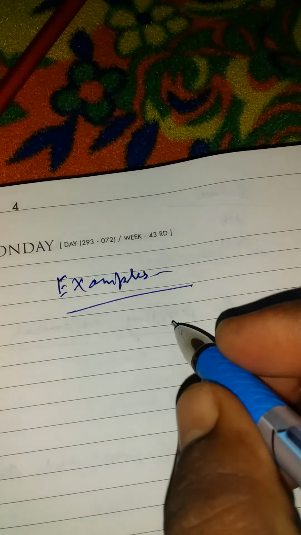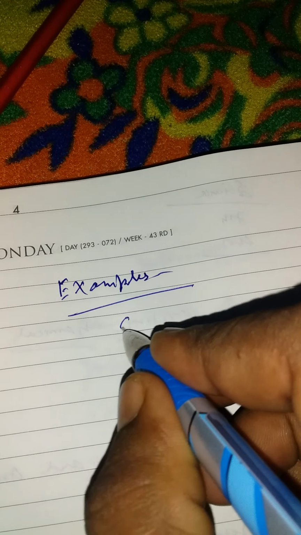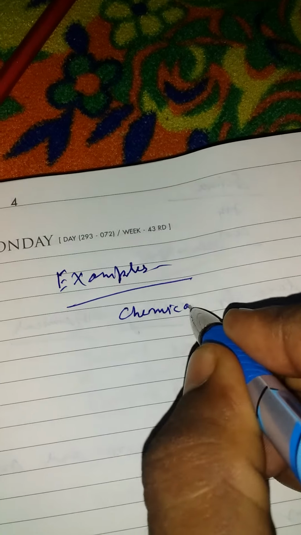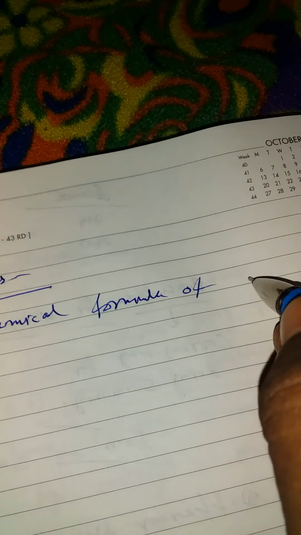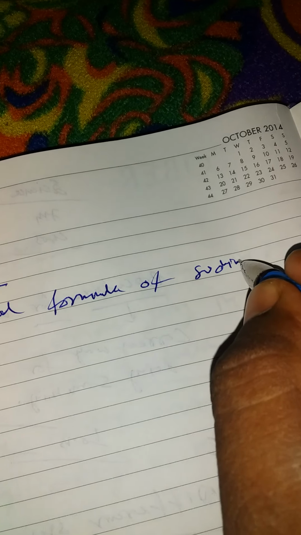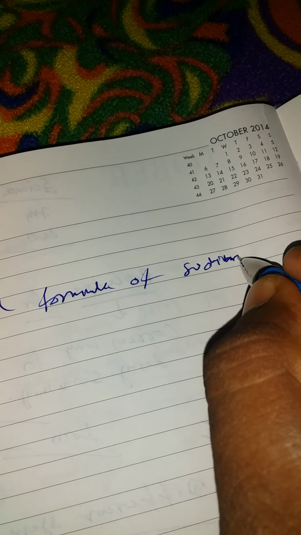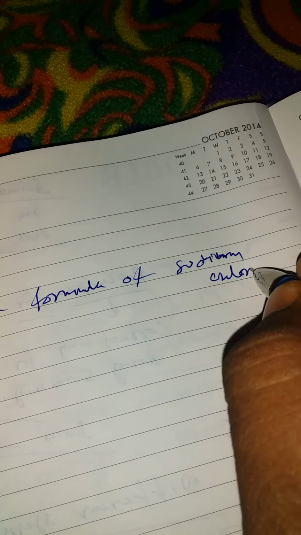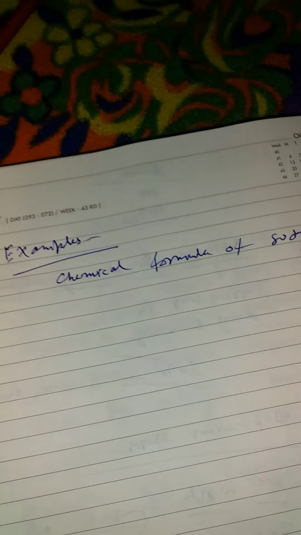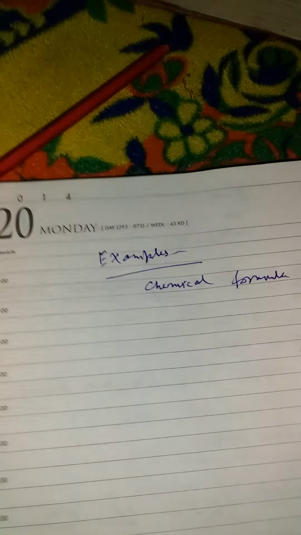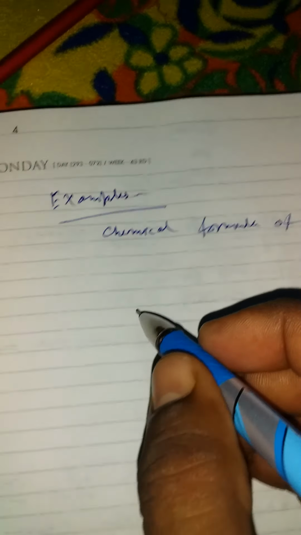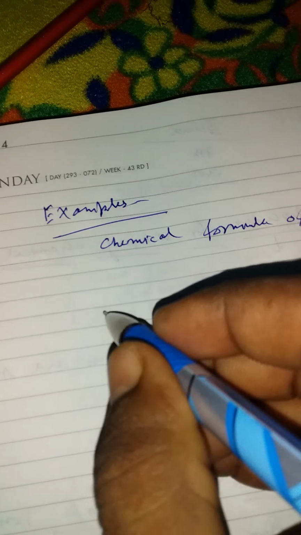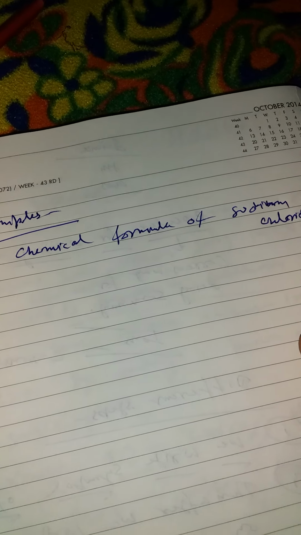Examples: chemical formula of sodium chloride. So for writing chemical formula, first step is we have to write the symbol.